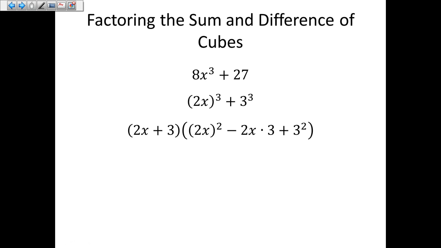Since it's a sum of cubes, this is how it gets plugged in, where it's my first term plus my second term, no cubes, then my first term squared minus my first term times my second term, and then finally my second term squared. I always want to simplify, and I'm all done.